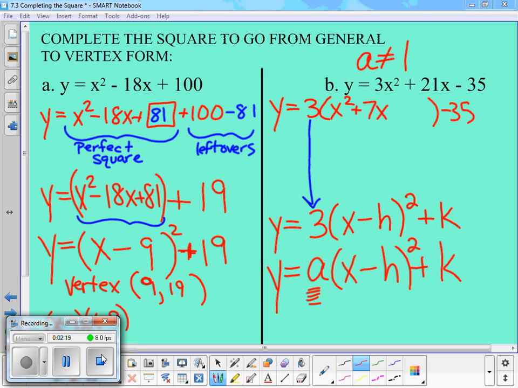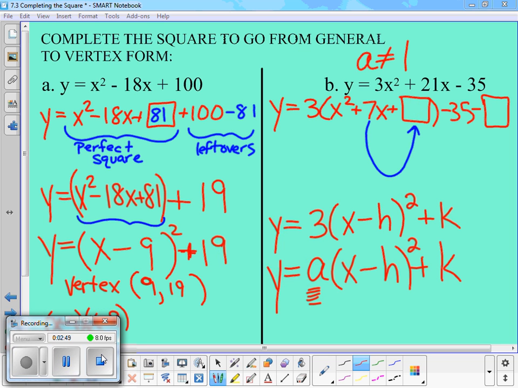All right? Here's the next part. This is the result of what we just did. When we decide what the perfect number will be to add and subtract, here's what you need to keep in mind. You're going to create an imbalance here. Let's pretend that the perfect number is 4. That's not correct, right? That doesn't complete the square. The perfect number will be half of 7 squared, which isn't 4.